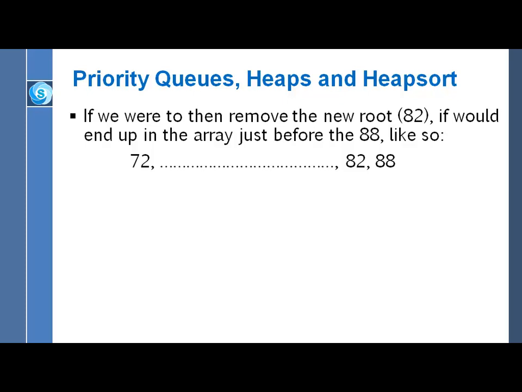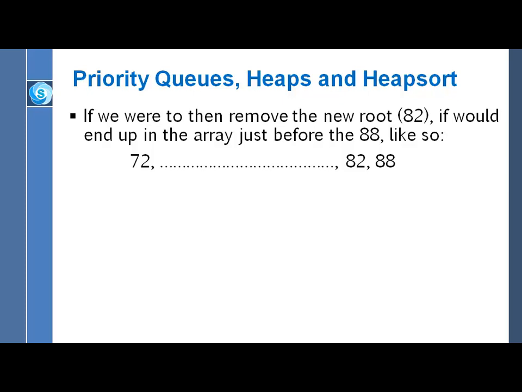Okay, and then after decrementing heap size, it would no longer be considered part of the heap, but it would still be in the array, right? So the two priorities here at the end, 82 and 88, while they're not part of the heap, they're still part of the array. Okay, and that raises an interesting possibility.